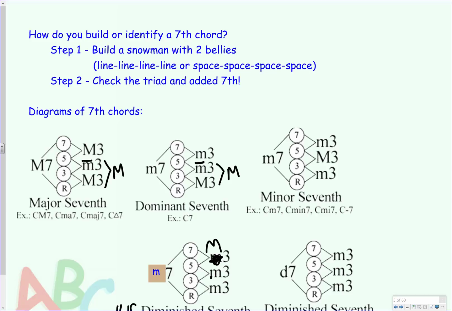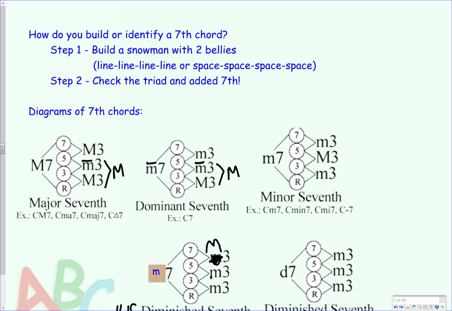From root to 7th, we have a minor 7th, not a major 7th. So our dominant 7th chord consists of a major triad plus a minor 7th. You will come to realize soon when we start part writing and voice leading with 7th chords that the dominant 7th chord occurs frequently in chord progressions.